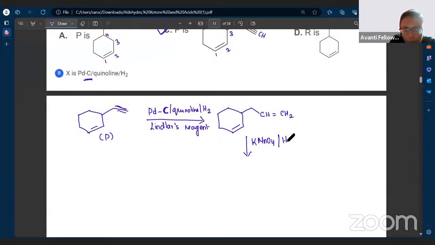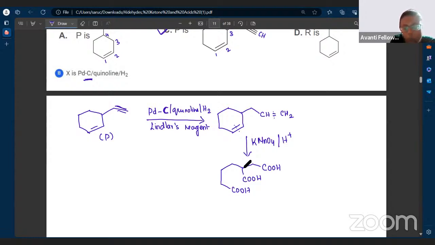What would be the product? You break the double bond and do the hydrolysis, and it will get converted to COOH. It is a good oxidizing agent, so it will get oxidized. So COOH will be the product. This is what you got.